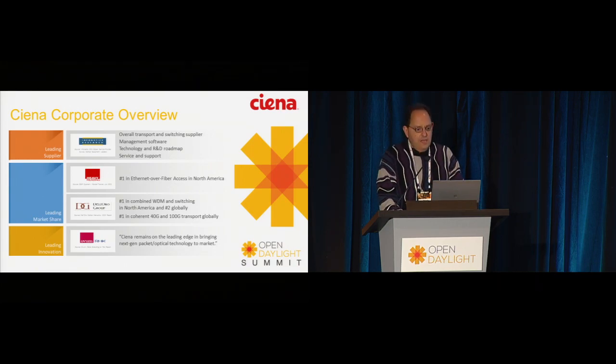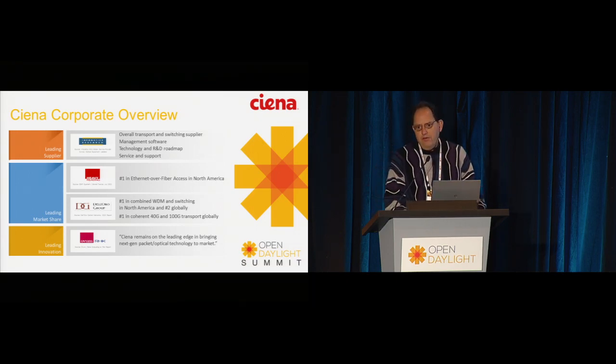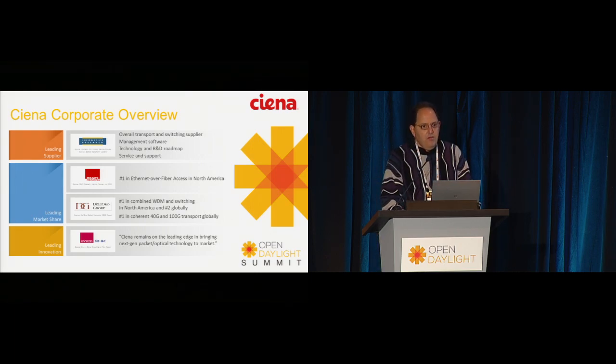So Ciena is a leading supplier in telecommunications infrastructure equipment. However, it's really from the metro to the core for those of you in the carrier space, or in other words, behind all the access equipment. And we're the #1 provider of carrier Ethernet in this space.